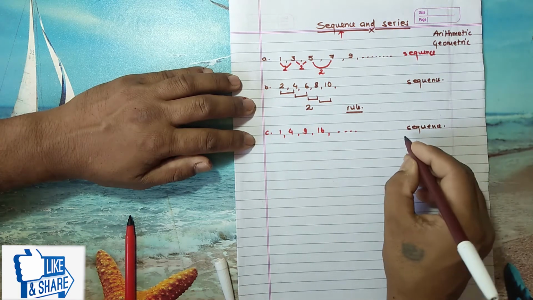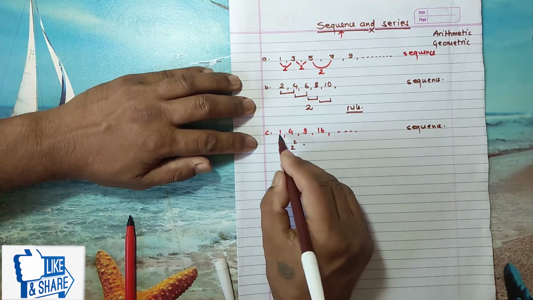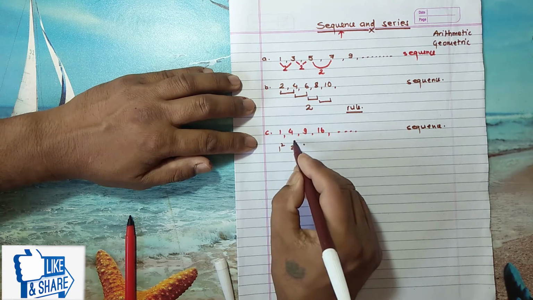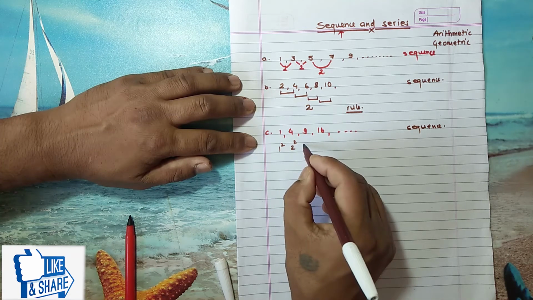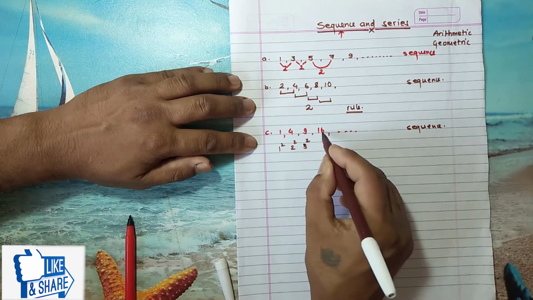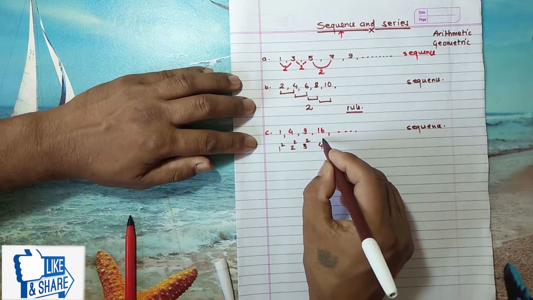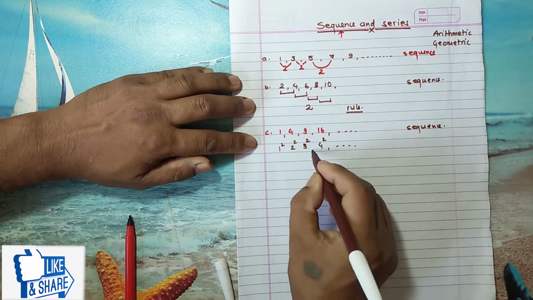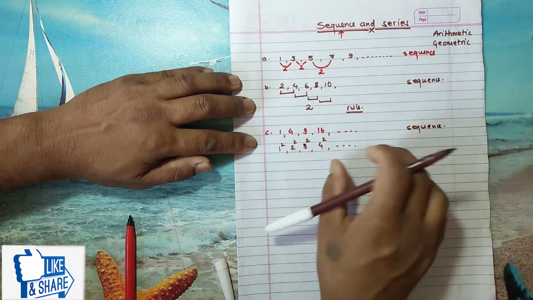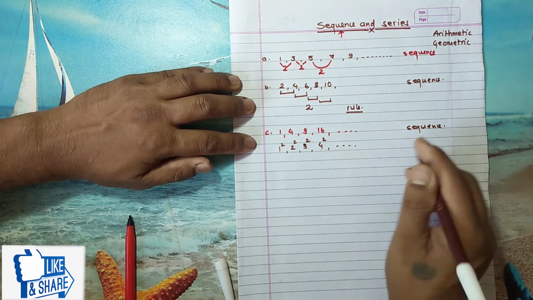It's a sequence of, yes, see, 1, it's the square of 1. 4, it's the square of 2. 9, it's the square of 3. 16 is the square of 4, and so on. That means it is a sequence of square numbers.